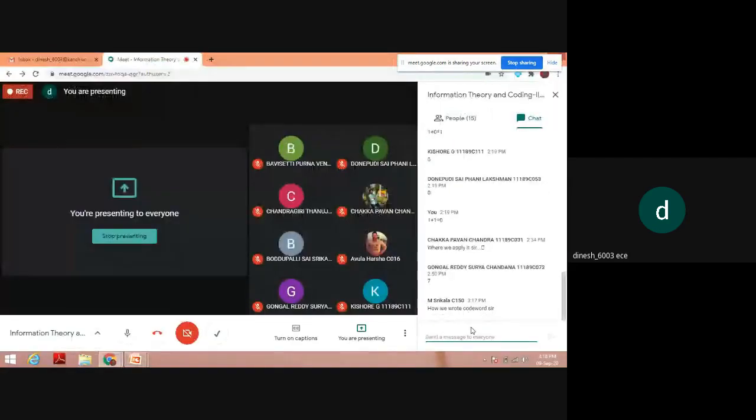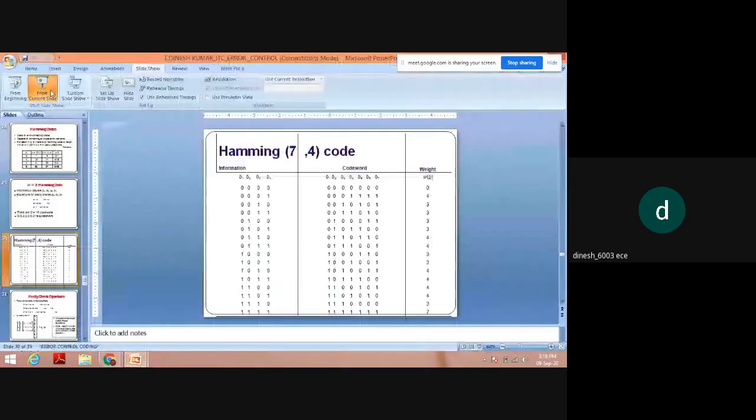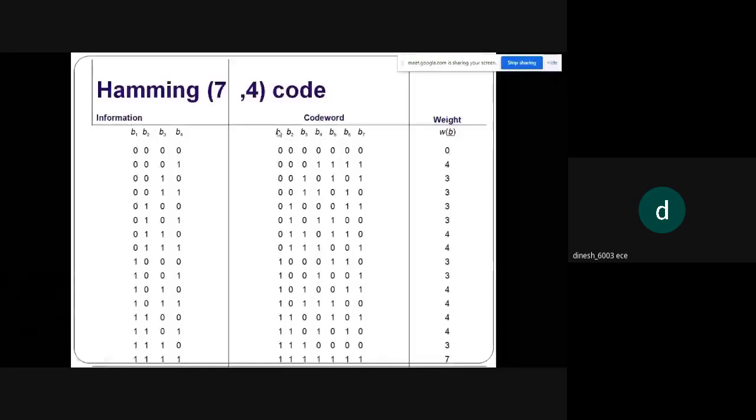Yeah, how we wrote the code word? Yeah, the code word is this one. Okay. So B1, B2, B3, B4 is as it is. See here, for the first one I'll explain. For the first, B1, B2, B3, B4 is as it is. You should write it the same. B1, B2, B3, B4: 0, 0, 0, 0.